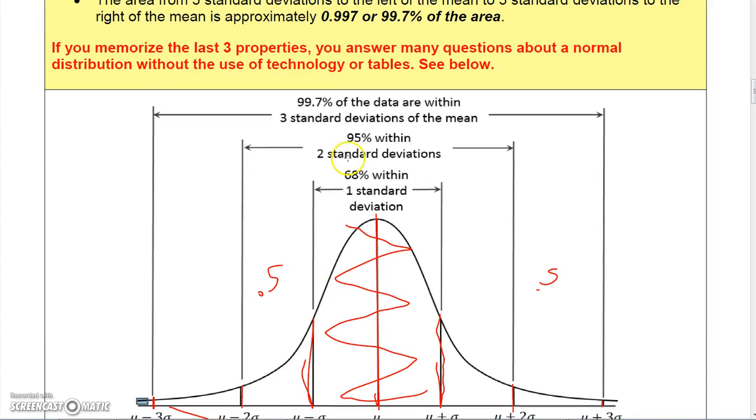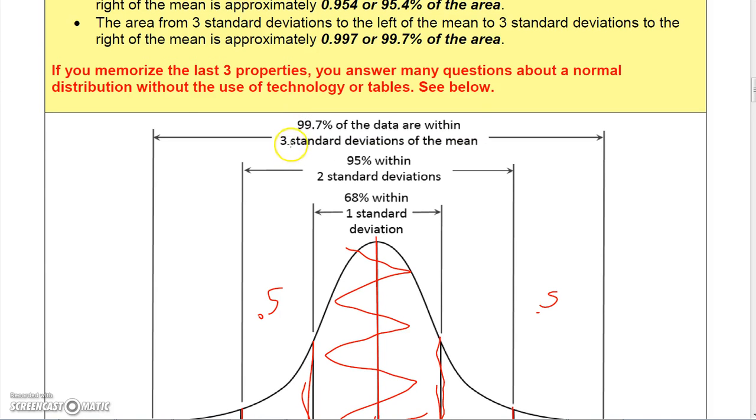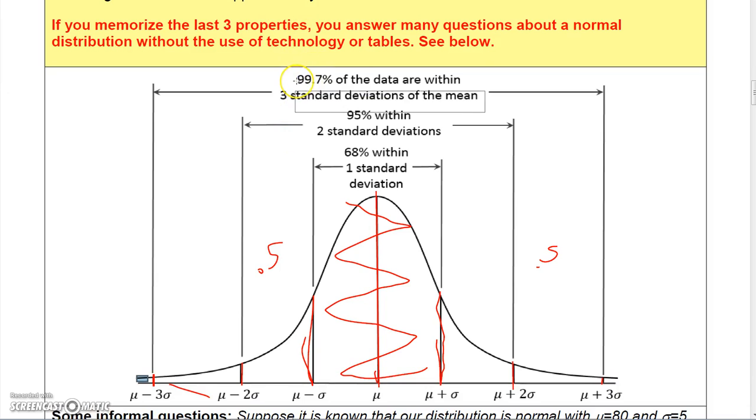We say that area is 0.997. Now, when I say area, that's the same as probability. So the total area under the curve is 1, and the area between 3 standard deviations to either side of the mean is 0.997, or 99.7% of the area.